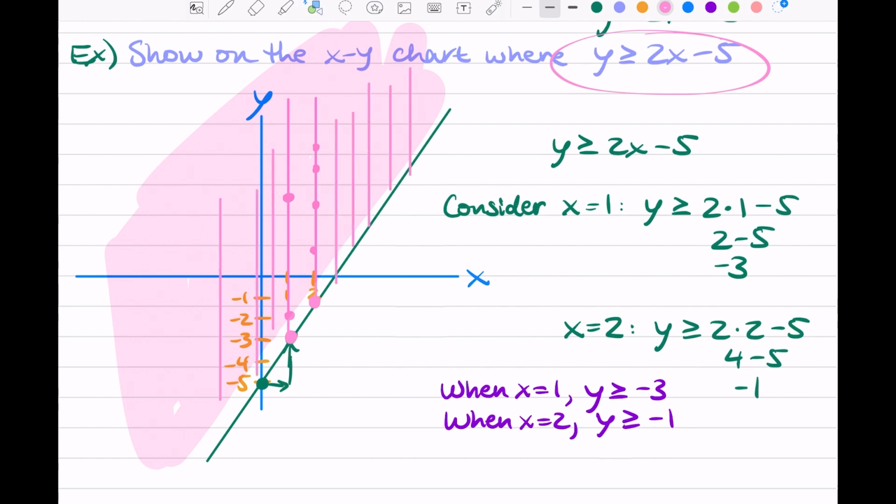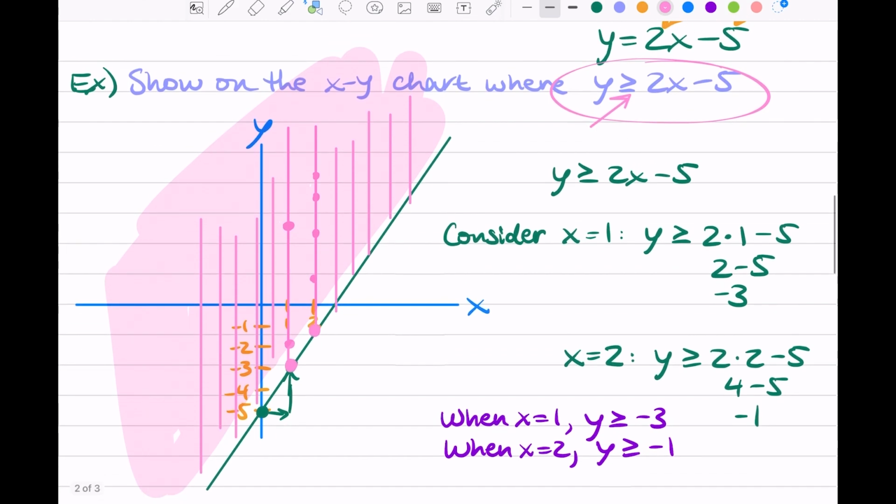And so eventually you're just going to get this entire pink region above the line. And it includes the line because there's that equal sign right there. So it's basically taking our equation for the line and expanding it, saying it can be greater than anything on the line, meaning above the line.